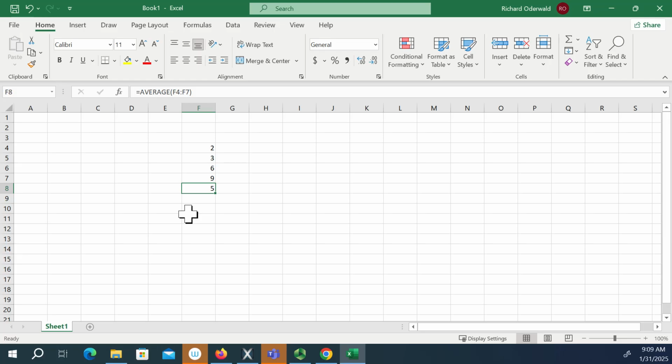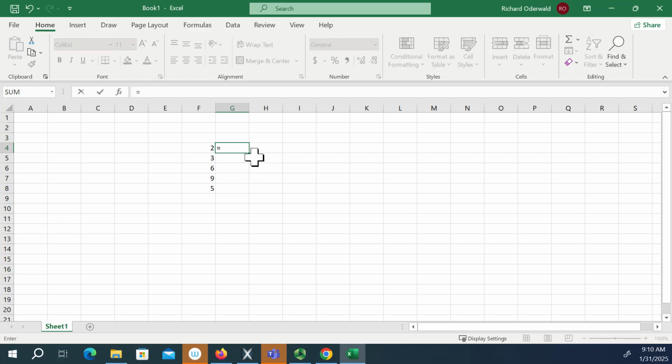So go to the next column, and we want to do equals number minus, and we may as well do this the official way, the average. We know it's 5. We're going to give it a cell reference. This is just more practice with Excel.